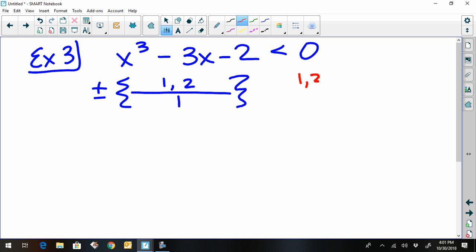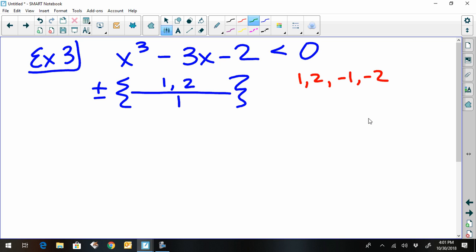We've got 1, we've got 2, negative 1, negative 2. We have 4 possibilities, and we've got how many total zeros? You guessed it, 3, because it's a degree 3. So we have 3 zeros, and if they are real, or any of the real ones, are going to be these values here. Because it's to the third power, we know that one of them has to be real.